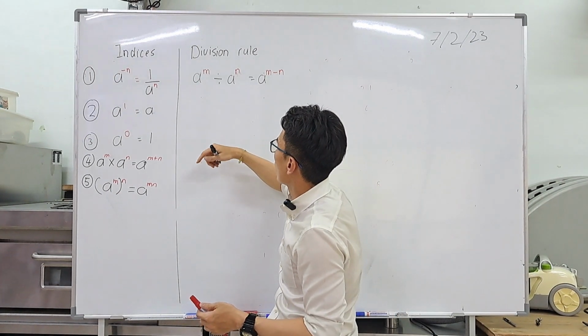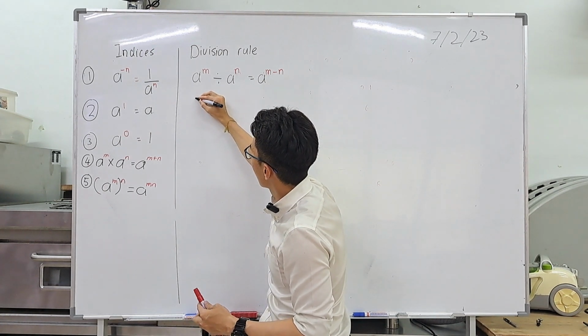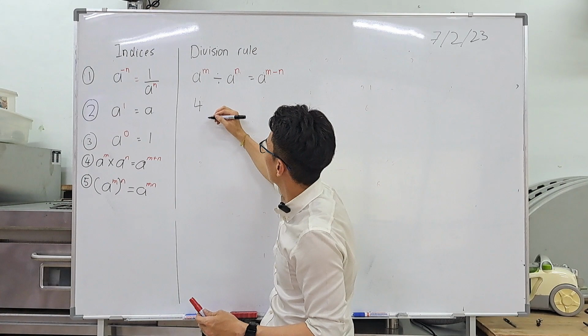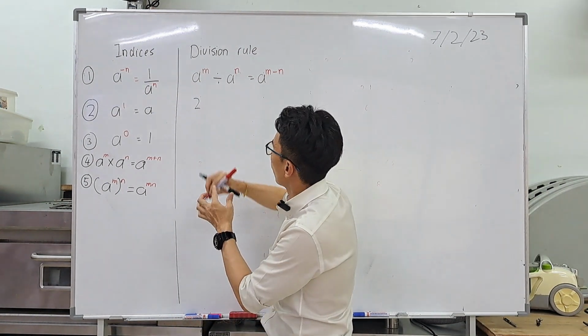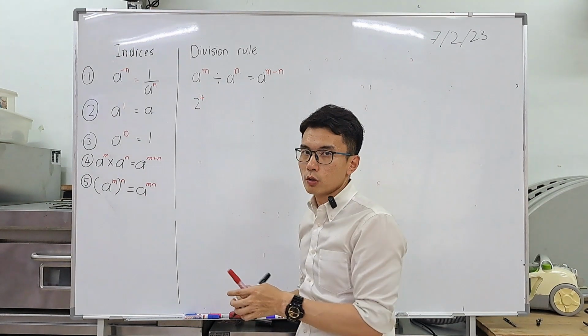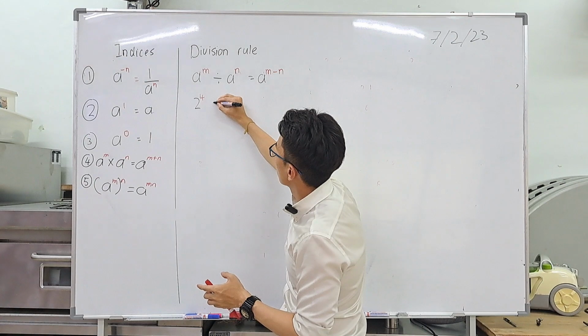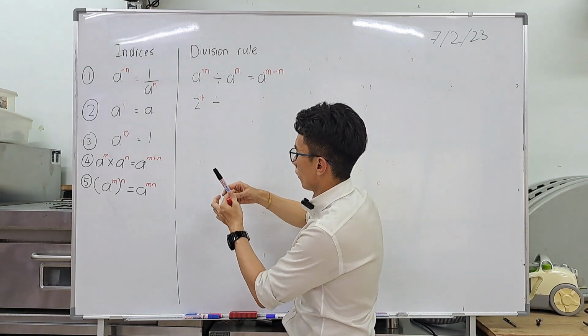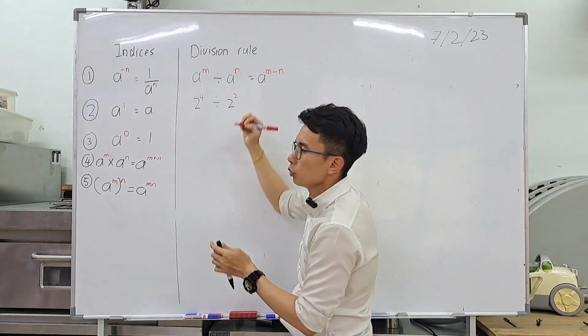Let's just say I have 2 to the power of 4, and I'm dividing this by 2 to the power of 2.